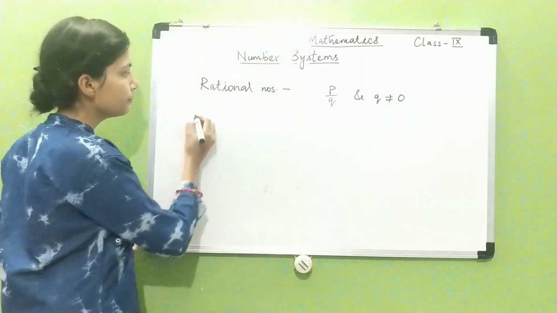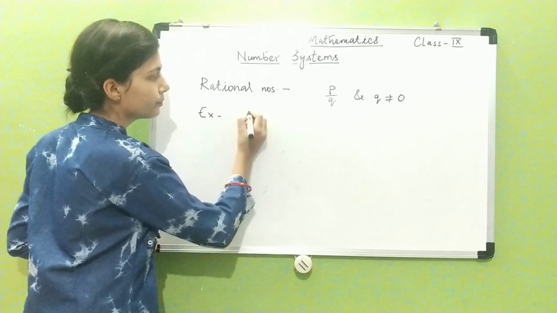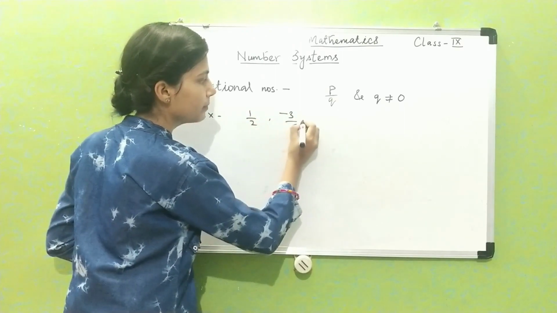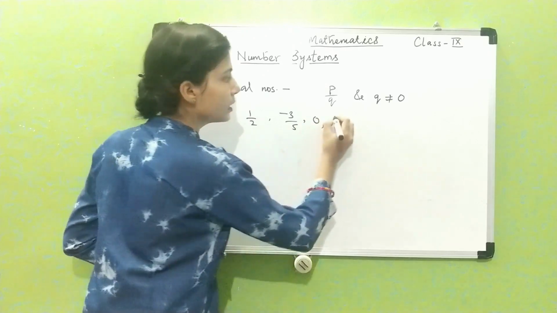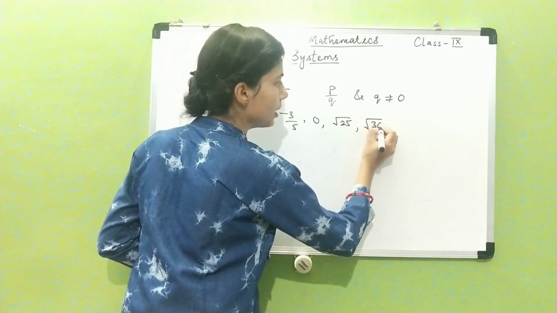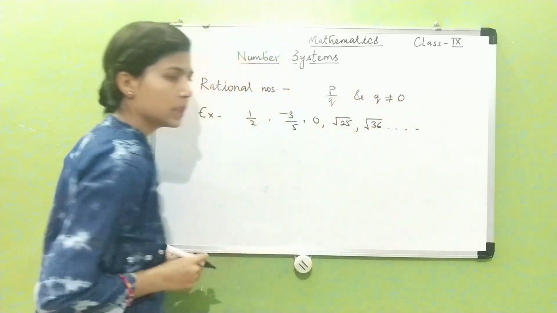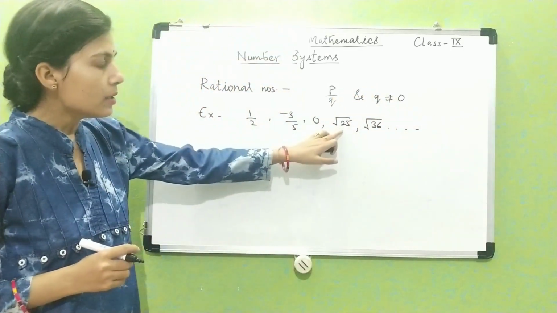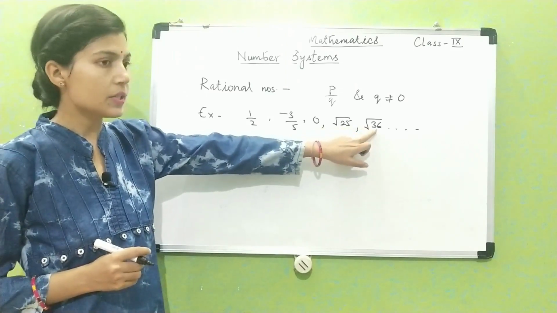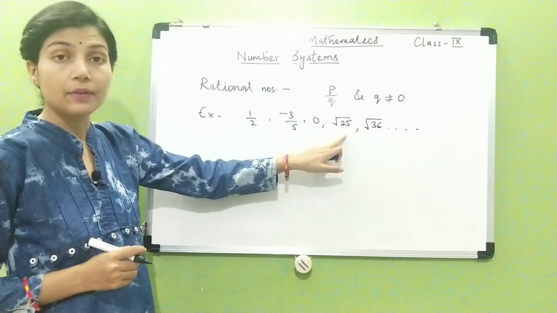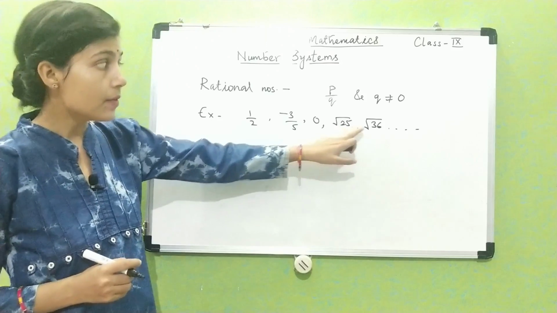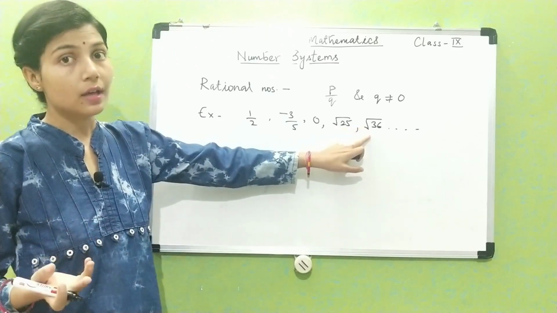For example, 1 by 2, minus 3 by 5, 0, root 25, root 36, etc. Look here, under root 25 and root 36, 36 and 25 are perfect square numbers, so they can be written as 5 and 6, and 5 and 6 are natural numbers.